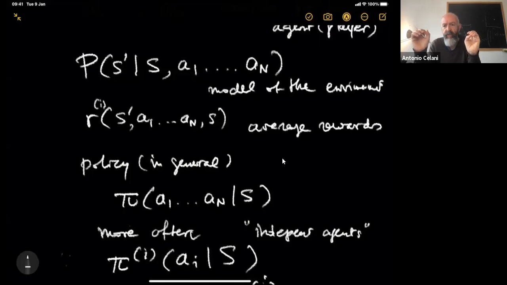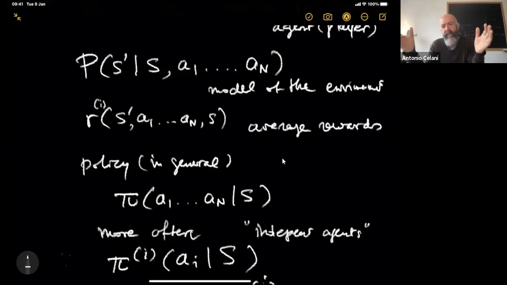But now suppose that you have 10 agents playing this game. Each agent can take two actions, either 0 or 1, let's say, or A or B. But now the number of possible joint actions that they can take is 2 to the power 10. So very quickly, you are handling very large action spaces, even in the simplest problems.